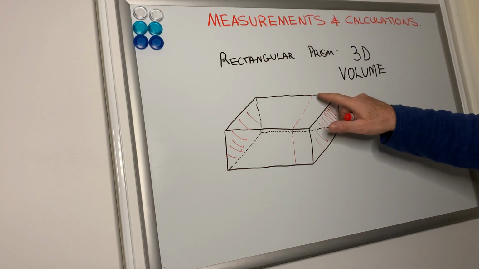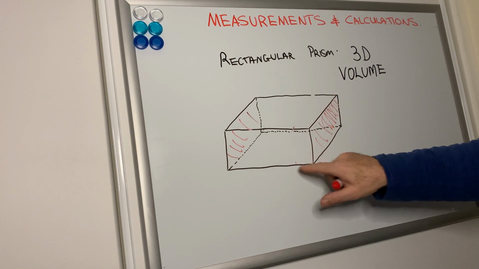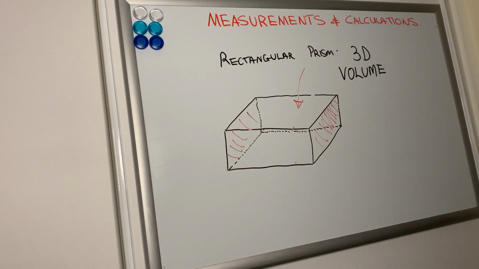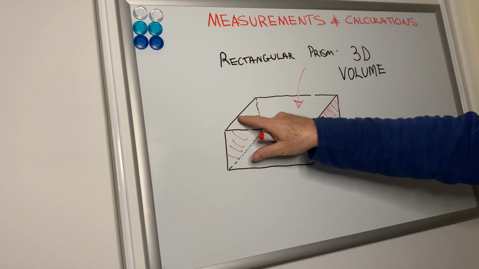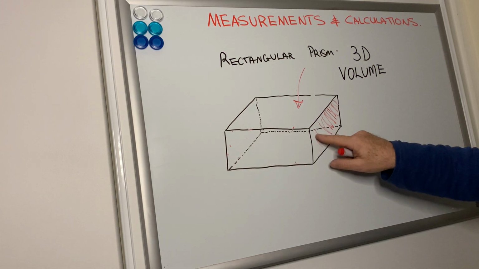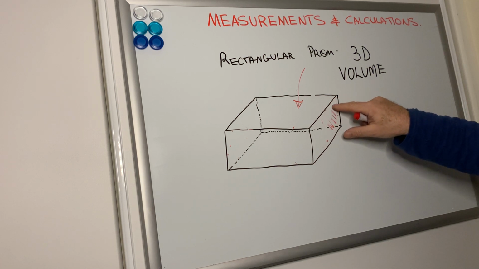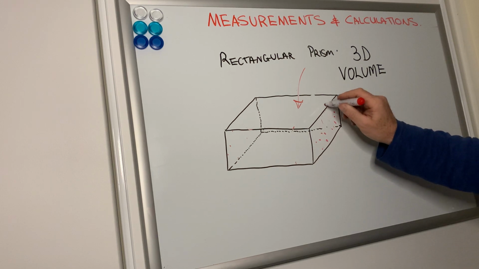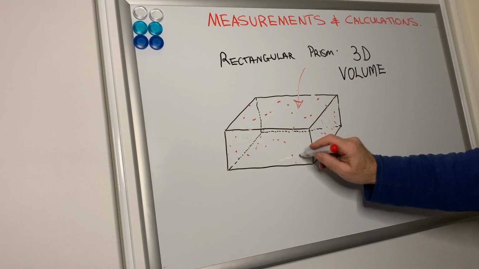Now, when we're talking about volume, however, volume is completely different. Volume is about, imagine if we were to pour water in this rectangular prism, and we were able to completely fill this rectangular prism with water, such that it occupied every space in this rectangular prism.